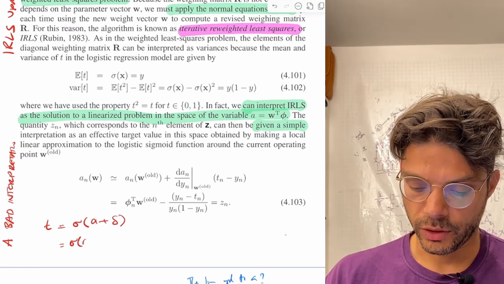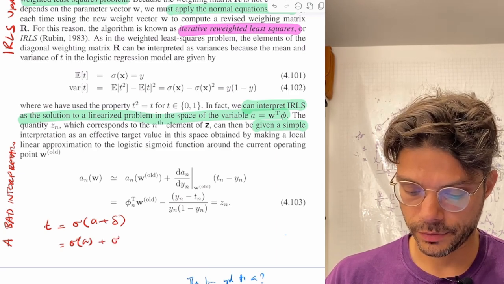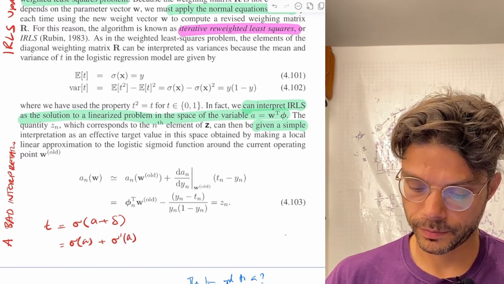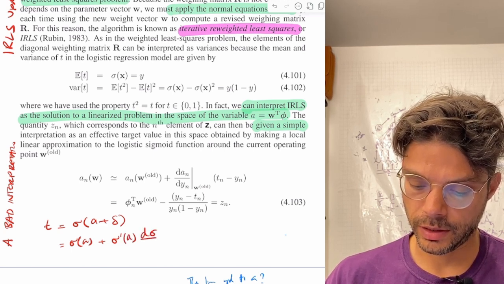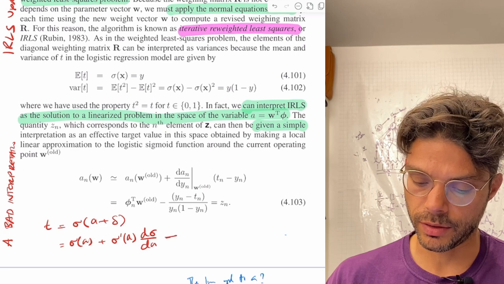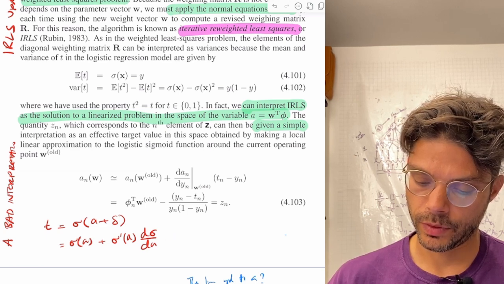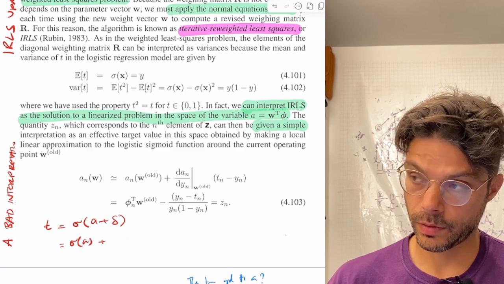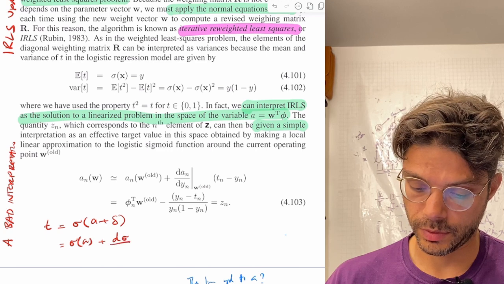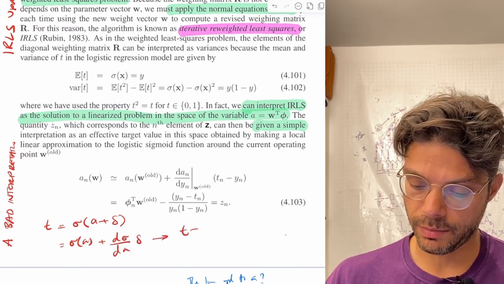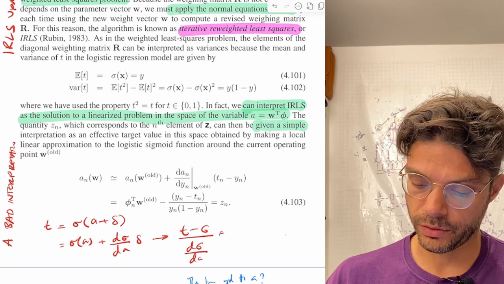Well, this is going to equal sigma of a plus d sigma dA times delta. And then from this we get t minus sigma over d sigma dA is equal to delta.